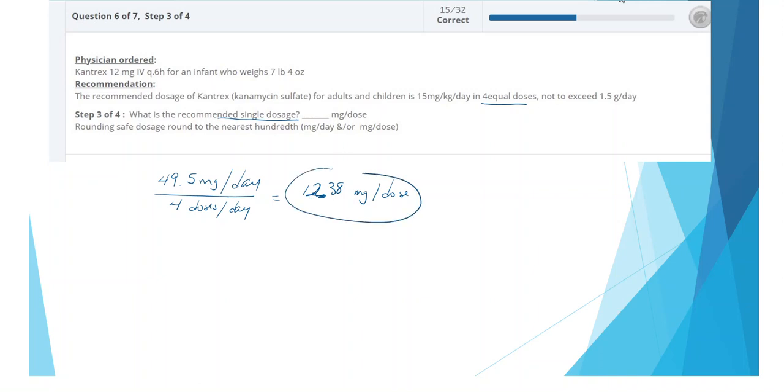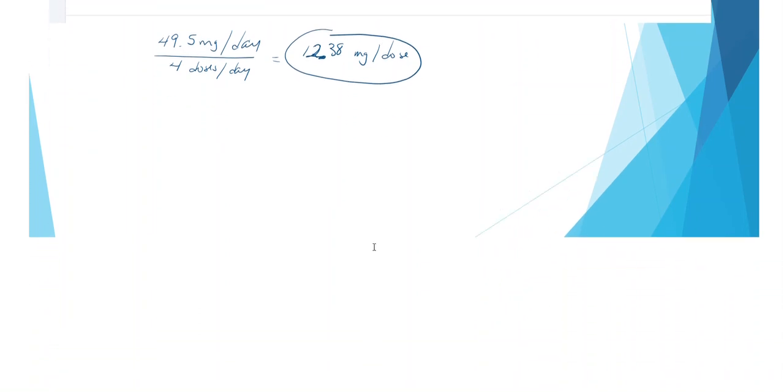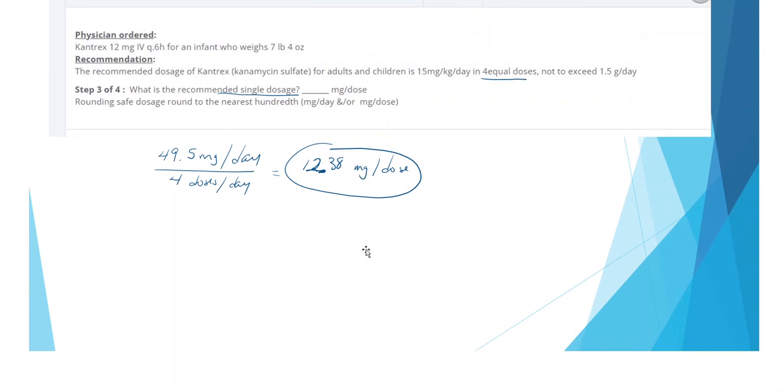All right, so this is my single dose. Remember that one. Oh, I don't have a part 4 on this. So to look at part 4, I want to know, is the order safe? And again, T for true, F for false. So again, our order has to be less than or equal to our recommended. My order is 12 milligrams. So it's 12 milligrams less than or equal to our recommended at 12.38 milligrams.